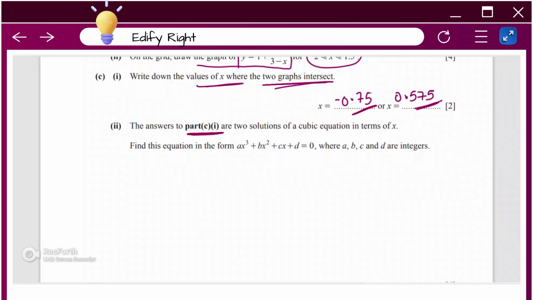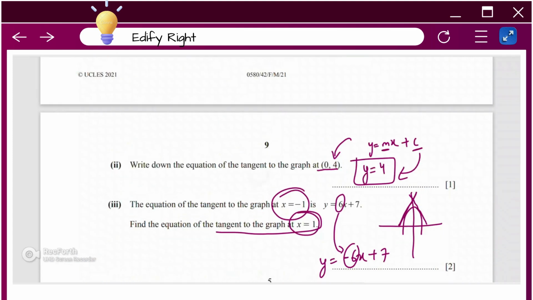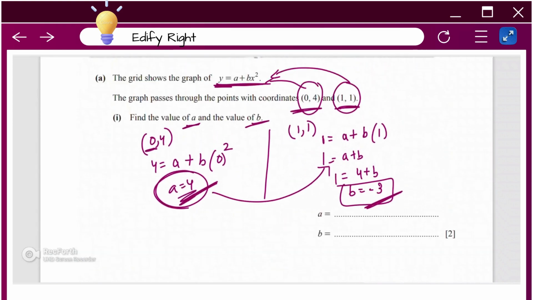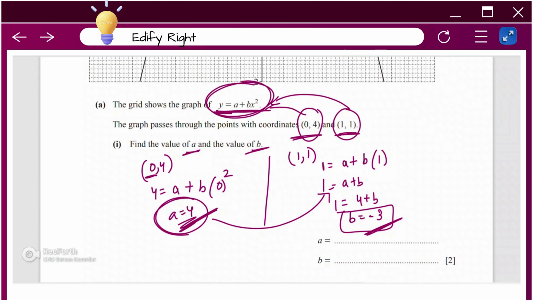Next, the answers to part C1 are two solutions of a cubic equation in terms of x. Find this equation in the form ax cubed plus bx squared plus cx plus d equal to 0, where a, b, c, d are integers. So let's do that. Here we have two equations that we are dealing with. The first equation is y equal to 4 minus 3x squared.